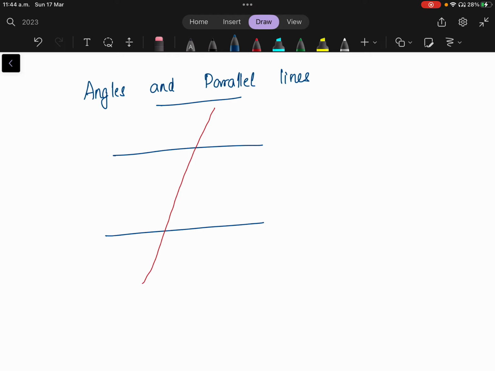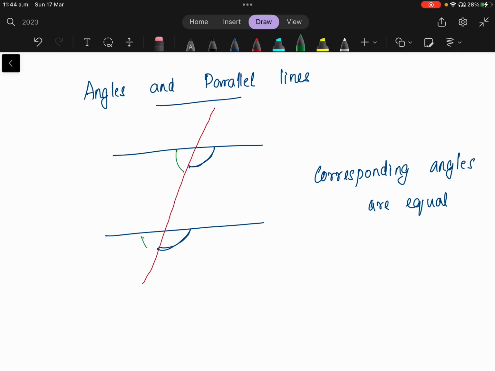If this is cut by these lines, you have this angle and this angle. These are called corresponding angles. The corresponding angles are equal.